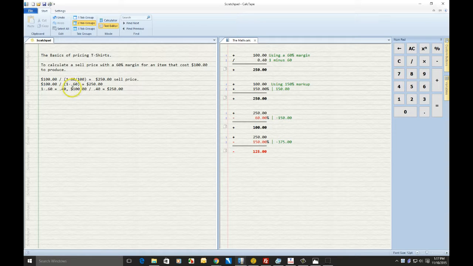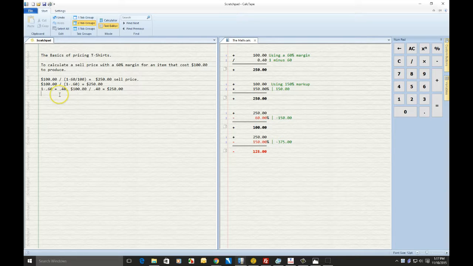Now most calculators, unless you've got a really good one or want to use all the memory keys, you're not going to do that. But the main thing is that 1 minus 0.6 is 0.4. It's the same thing as if you took 100 and subtracted 60, you would have 40. Then you divide it by 100, you get 0.4.